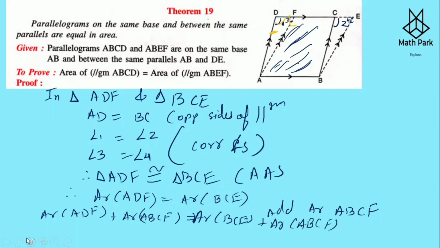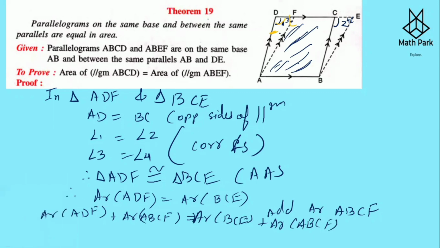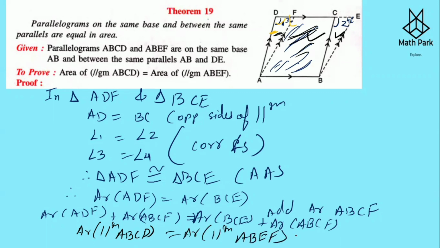Now, the area of ADF plus this ABCF gives you area of parallelogram ABCD, and area of this triangle plus this common quadrilateral ABCF gives you area of parallelogram ABEF. Thus, we are done with the proof of theorem 19.